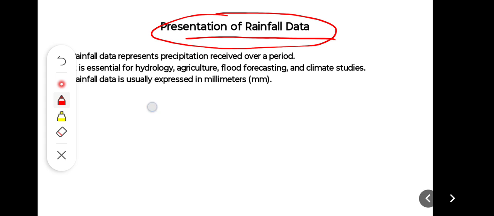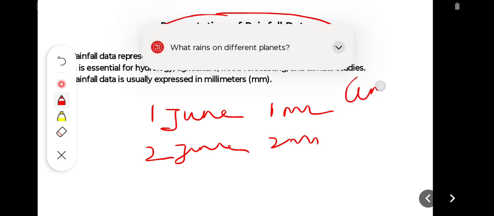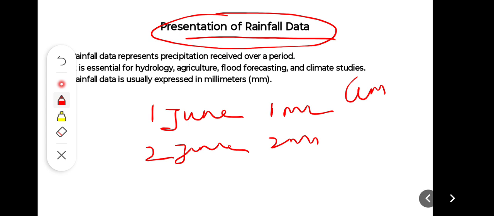Suppose it starts from 1st June. So first day at 8:30 a.m., they have to write here 1 mm rainfall. Okay, on 2nd June the rainfall will be 2 mm. So here they have to write 2 mm, and we have to write cumulative as well. So here cumulative is 1 mm, here 3 mm.